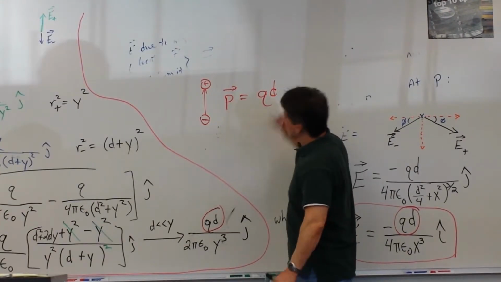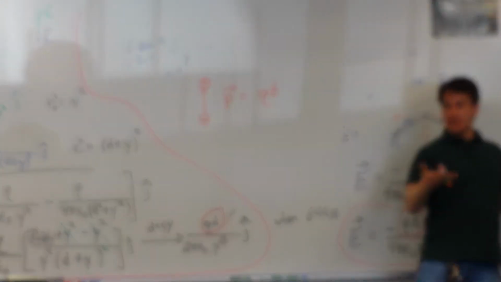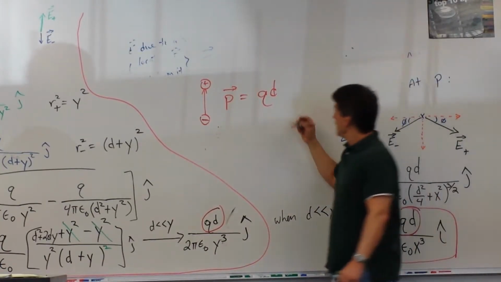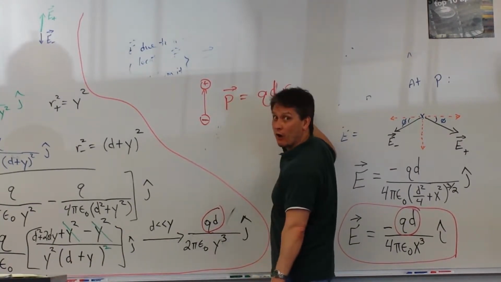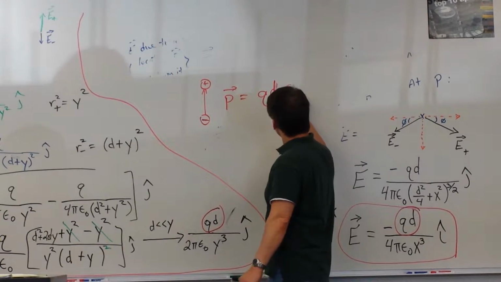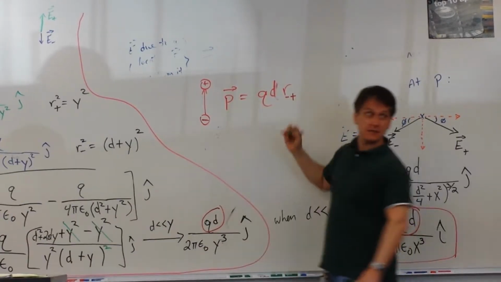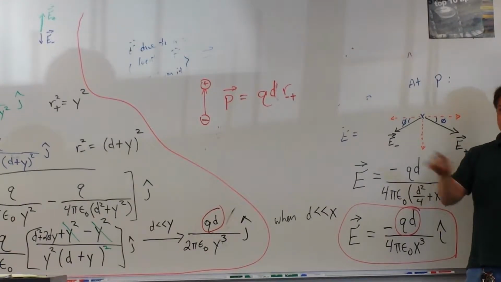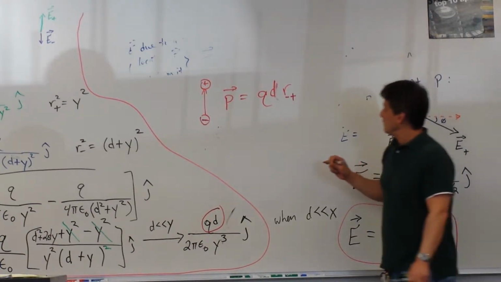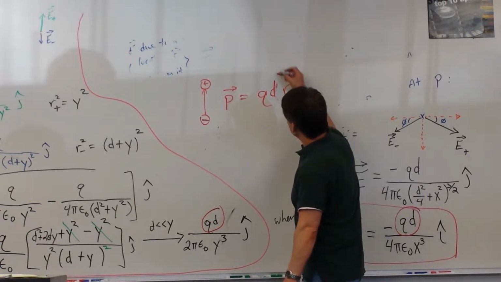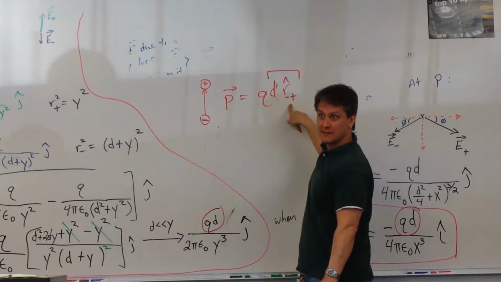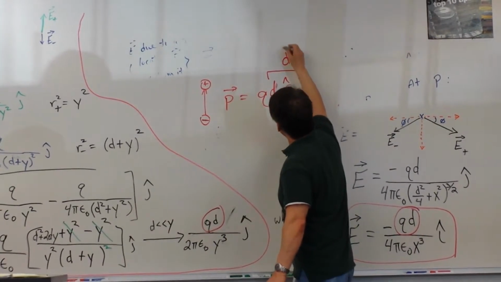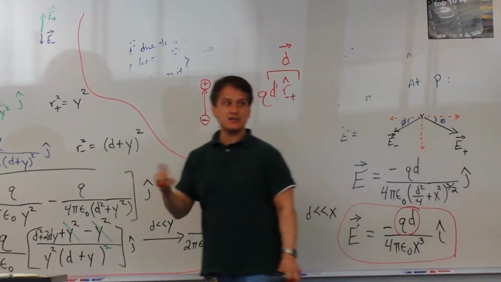So this property is a consistent thing, it's always there. And the direction of it, I'm going to call it r, because it's just a general direction, is r from minus to plus. It's always pointing in that particular direction. And sometimes this value d, and the direction from negative to positive, we just call the separation vector, d.